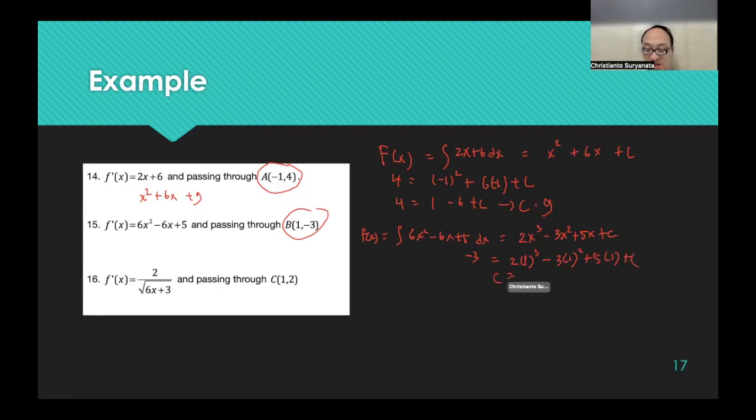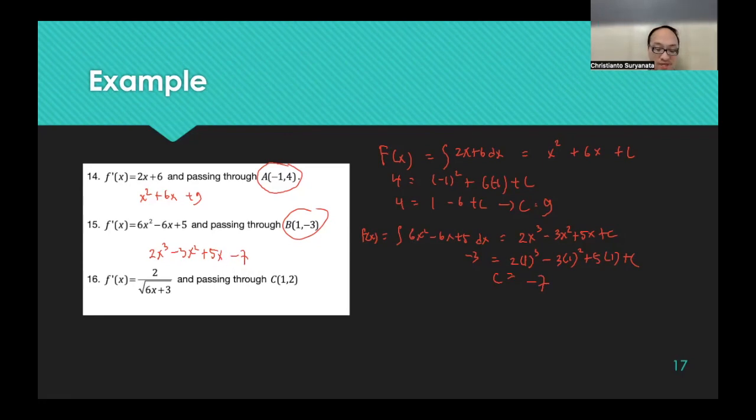So 2 minus 3 is negative 1, negative 1 plus 5 is 4, 4 minus 7 is negative 3. So c is negative 7. So this is 2x cubed minus 3x squared plus 5x minus 7. So there is no more constant c here.